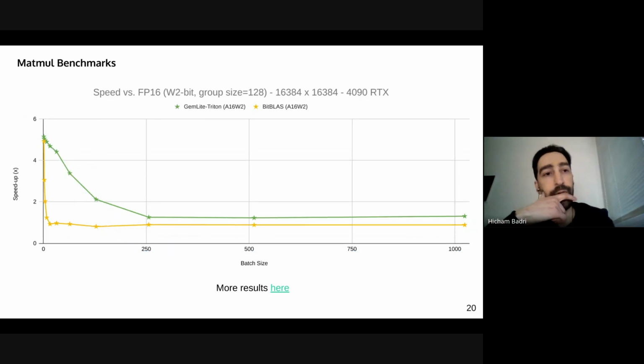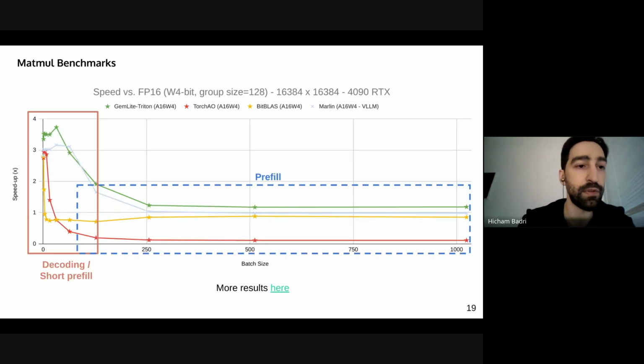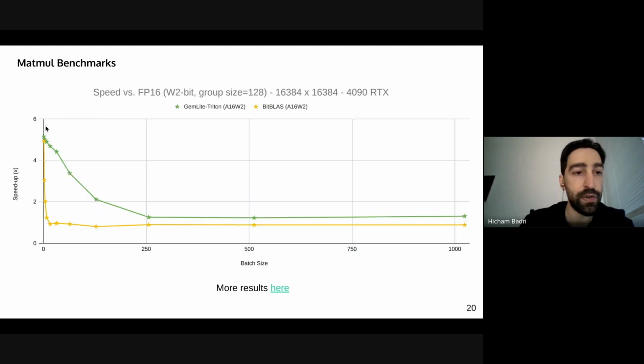So very quickly, a small comparison with the 2-bit version. Obviously what we would expect is that when the batch size is small, we need to see the 2-bit faster than the 4-bit, and this is exactly what happens. So here, for the 4-bit, it's 3.5 faster.